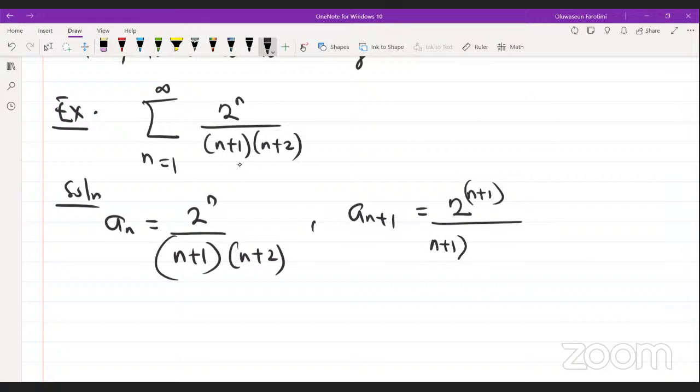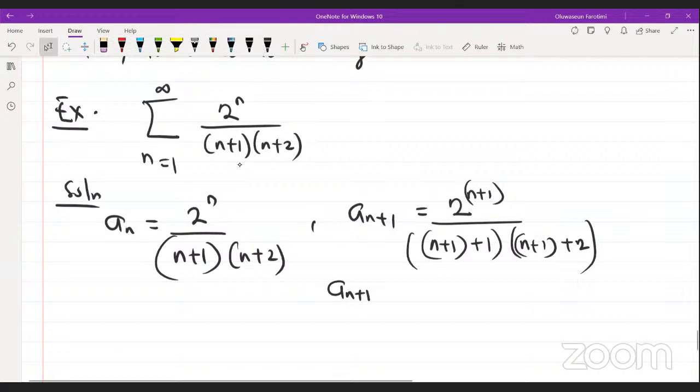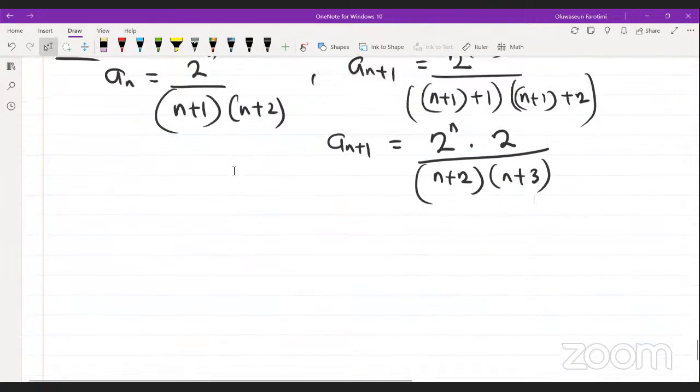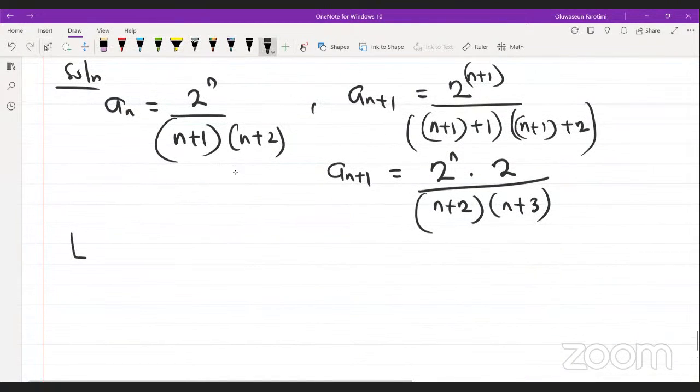So that means I have n plus 1 plus 1, and then I have n plus 2, n plus 1 plus 2. a_n plus 1, simplify this guy. This is 2 to the power of n times 2 divided by n plus 2 and then n plus 3.